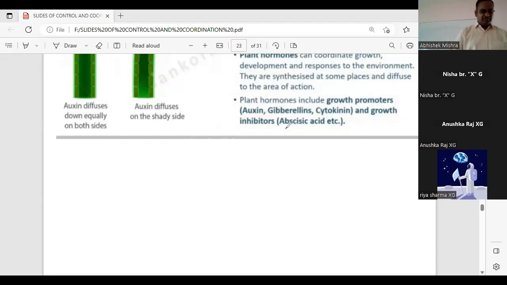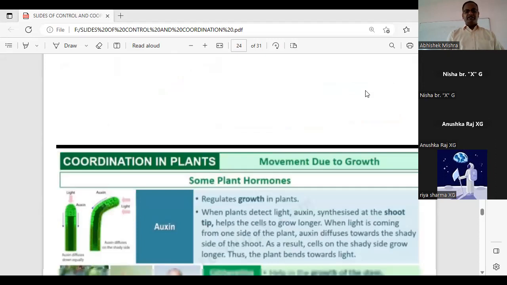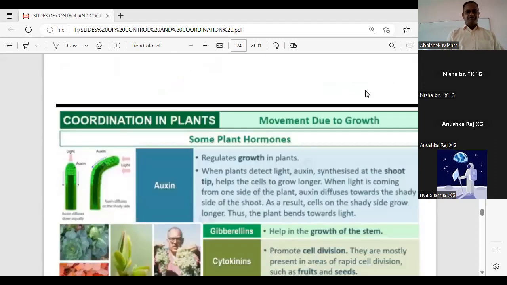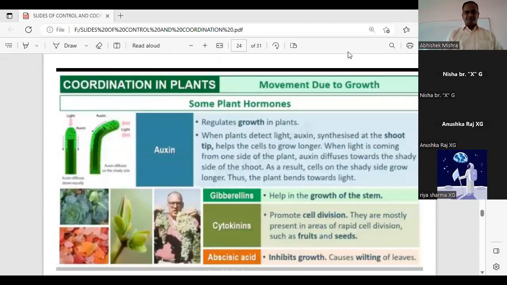So what do we have to study now? The function of these hormones one by one. So let us first study the function of auxin. See, first function, it regulates the growth in the plants.